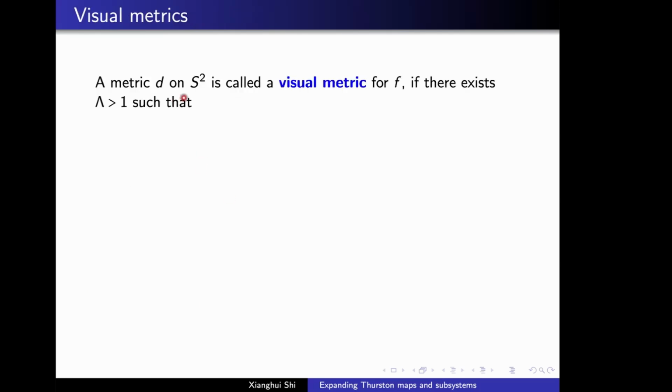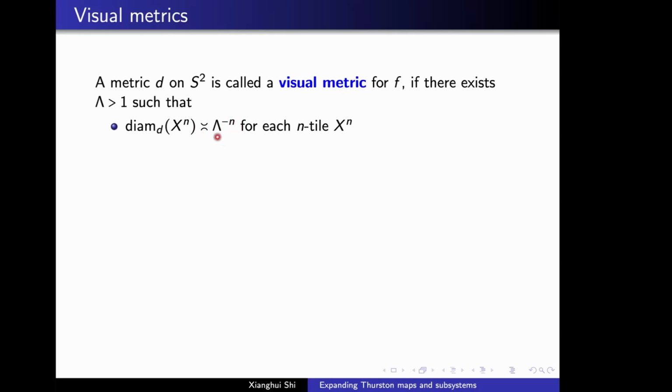So here is a metric d on S^2 called a visual metric for F if there exists a so-called expansion factor lambda greater than 1, such that, first, for each n-tile, the diameter of the n-tile with respect to this metric d is comparable to lambda to the power of minus n.